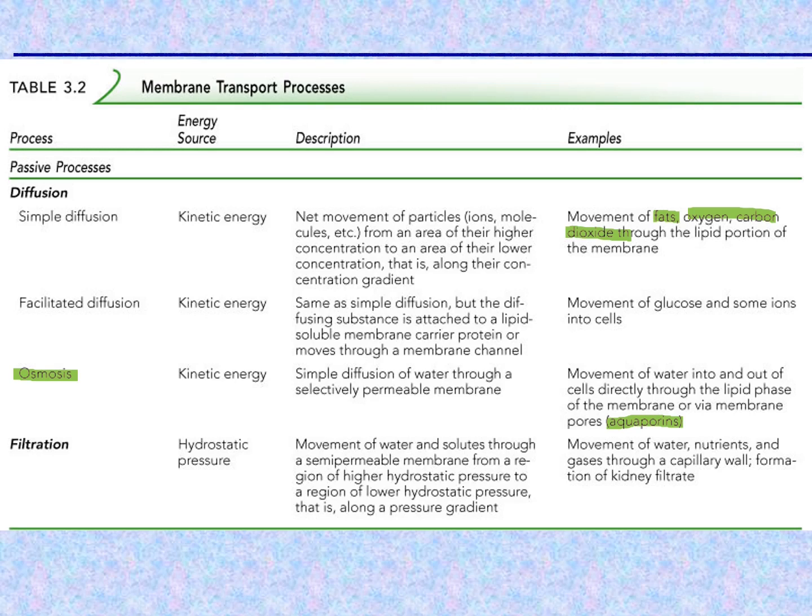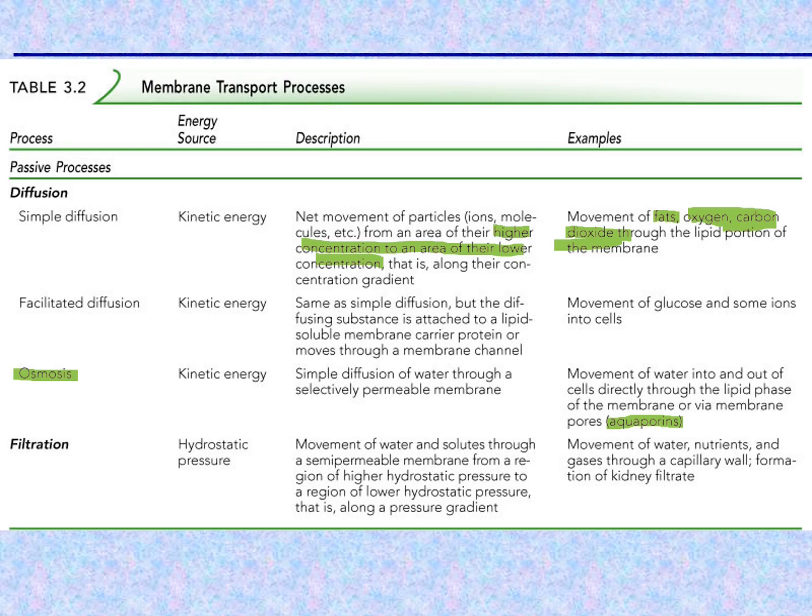Small fat molecules, lipid molecules, can move across it because they are also lipid soluble. Gas molecules in solution like oxygen and carbon dioxide will move across. And the driving force again is the concentration, always from higher to lower. Okay. Facilitated diffusion also doesn't require any energy. It will go from higher to lower concentration areas.